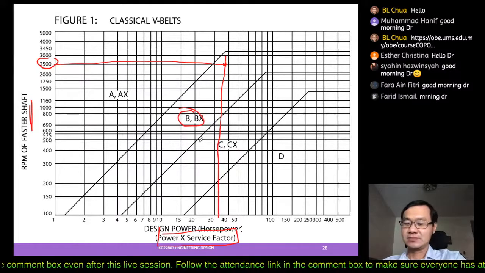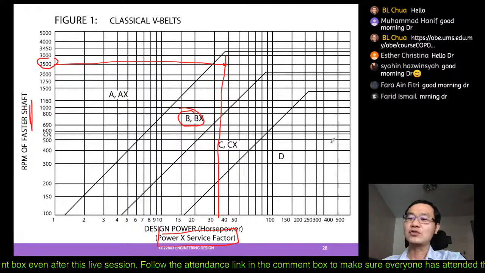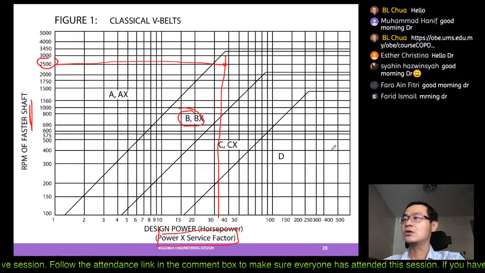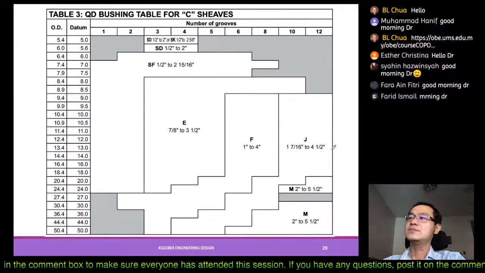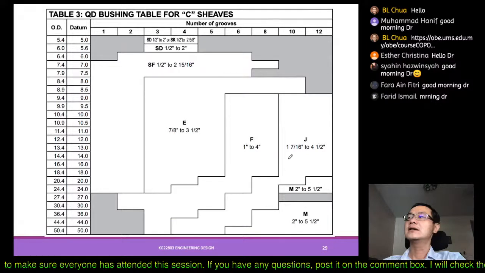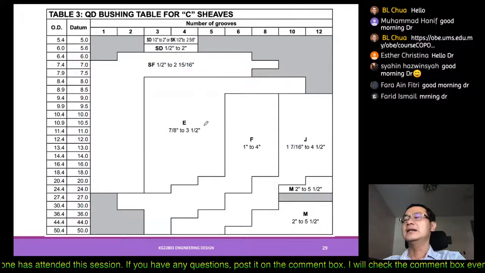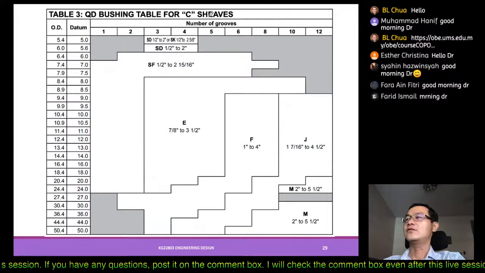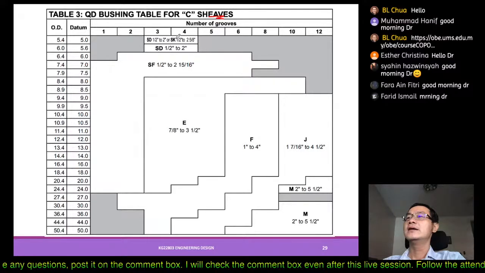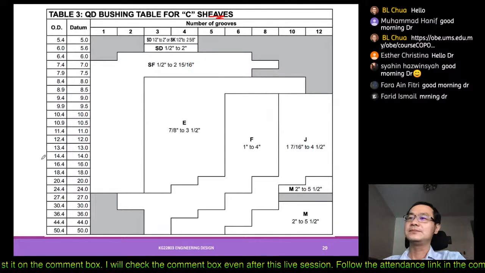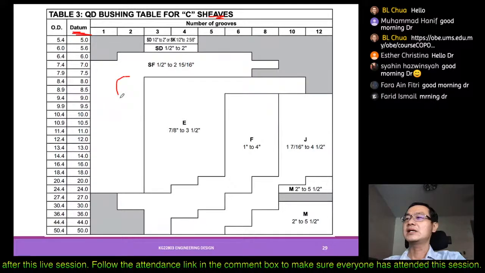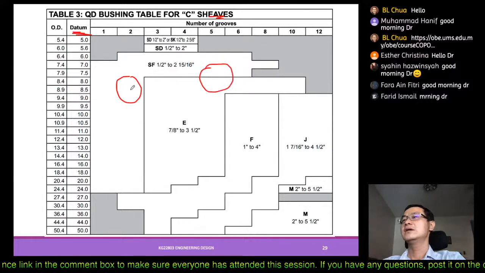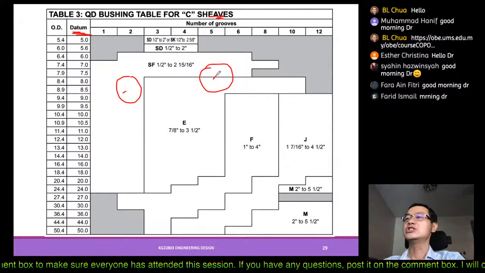First we have to identify the type of the belt we are going to use. Once we know the type of the belt, then we can also match it with our shaft. Remember the pulley, there is a diameter. What we need to use is the datum diameter. So you have your pulley, and we have to select which combinations we want.